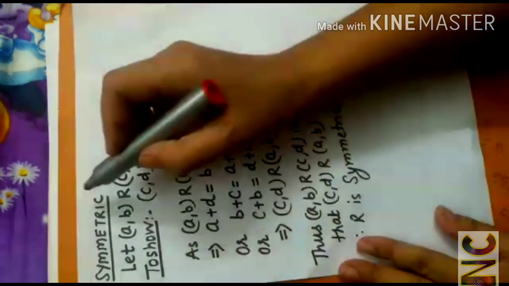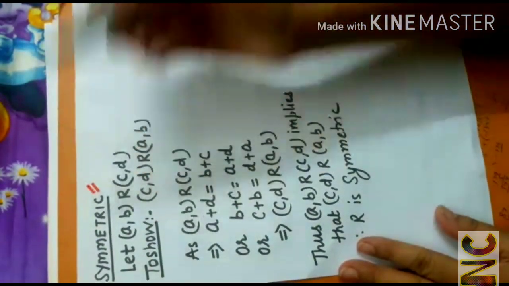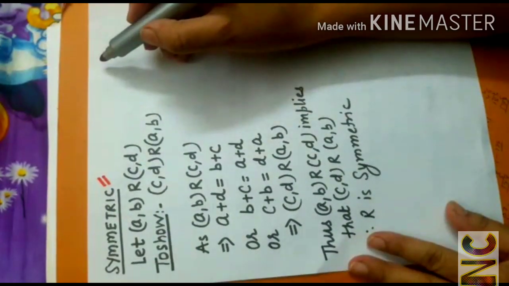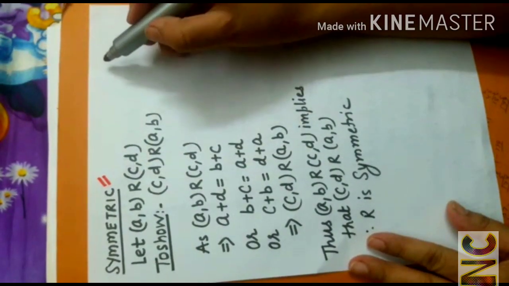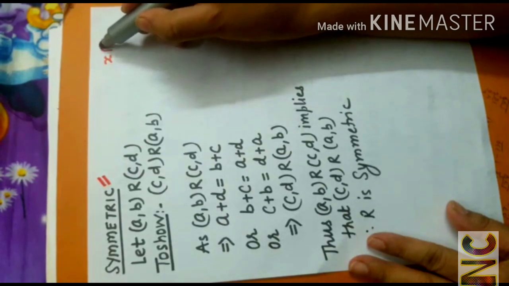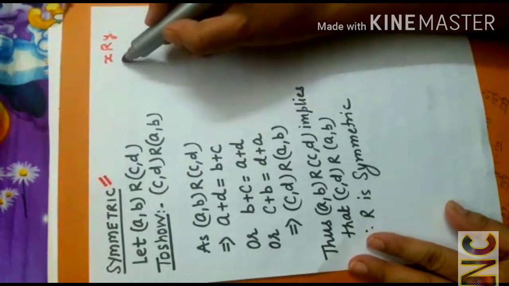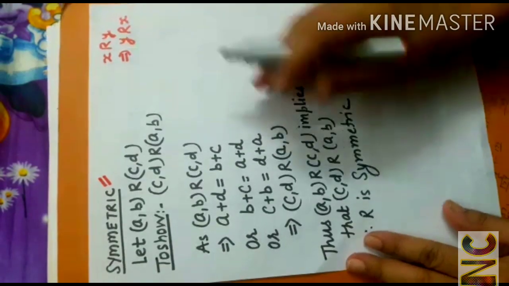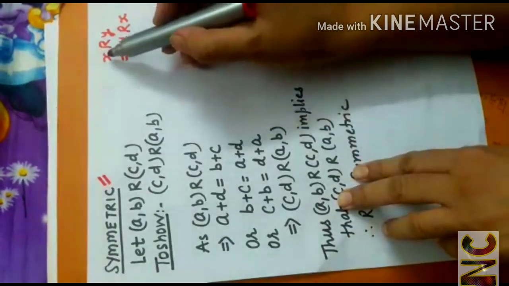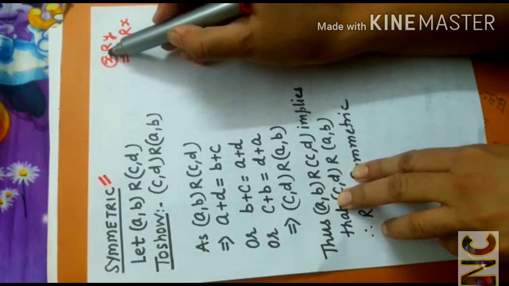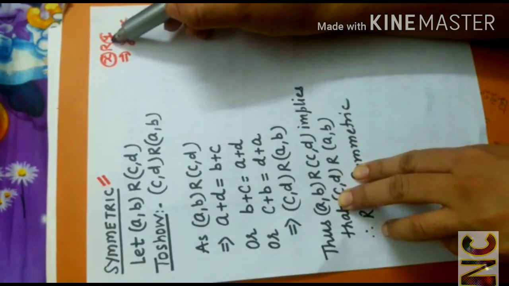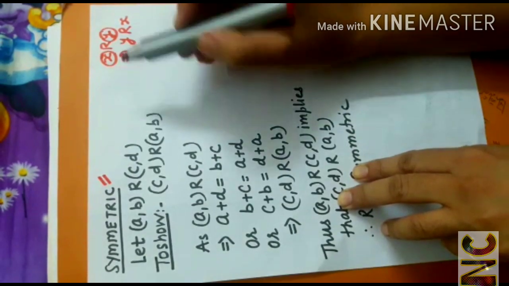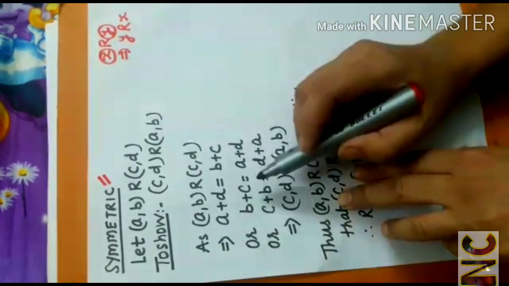Next, we will show that R is symmetric. Now recall that a relation on a set is symmetric if x related to y implies y related to x. And remember, this element x and this element y should belong to the set on which the relation is defined.